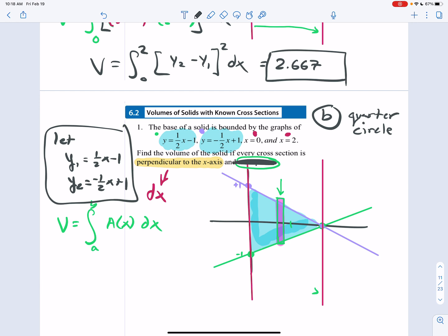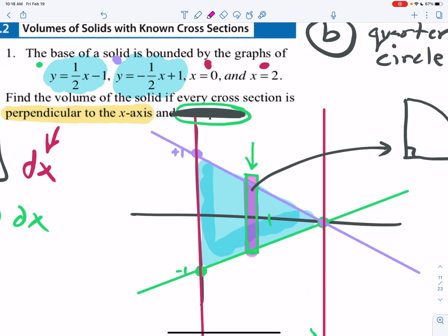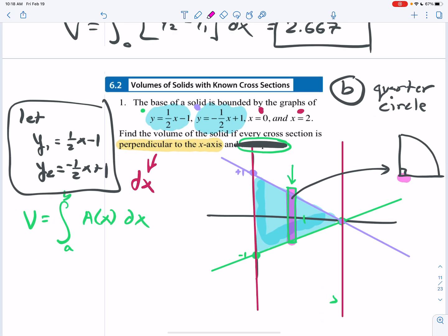So now, instead of squares, it's a quarter circle. I want to show you how it's different, so make sure that you have a brand new picture, because I want you to get used to it. What we're going to do here is draw that sample quarter circle. Kind of looks like a shark fin. So same idea. This pink highlight, the top minus bottom, is really this right here. You're stacking a bunch of shark fins at the top.